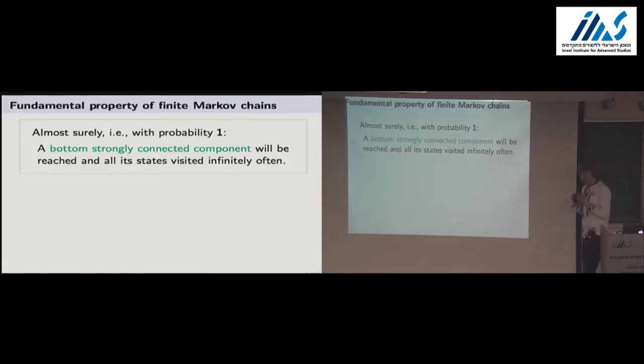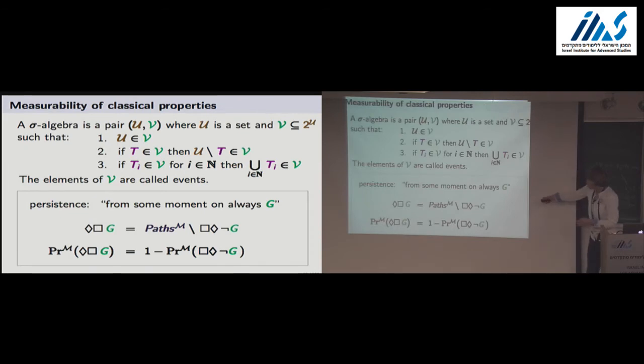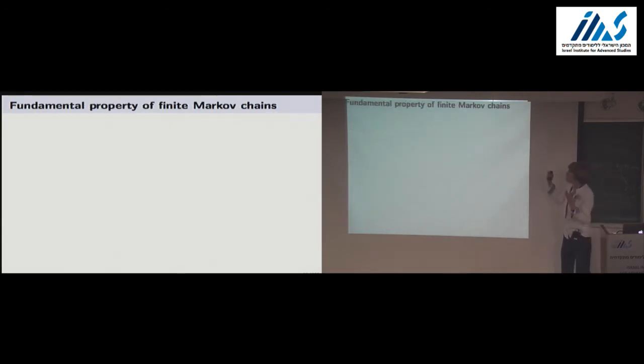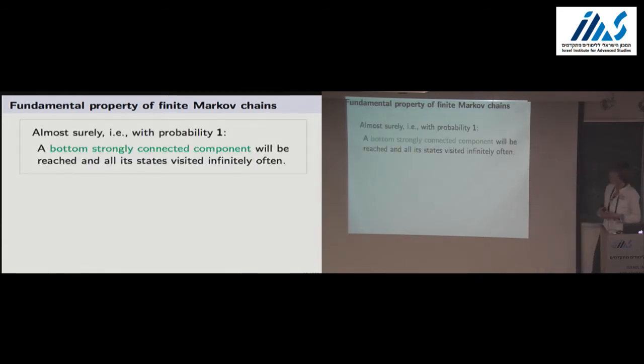And one crucial thing, to compute this value here, one very fundamental and very simple property of finite Markov chains is the following. Whenever you have a finite state Markov chain, then what we can guarantee is that with probability 1, a bottom strongly connected component will be reached and each of its states will be visited infinitely often.